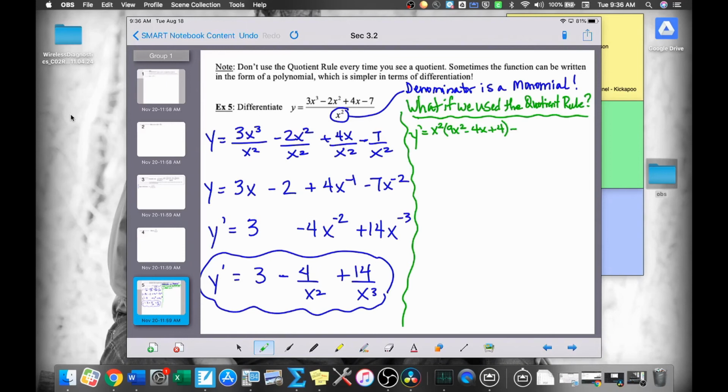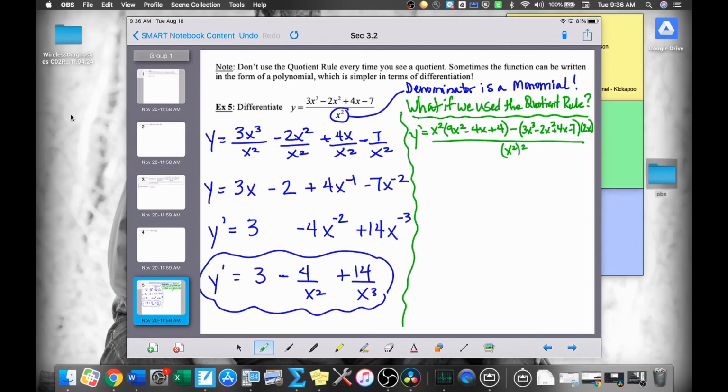Then minus high, so 3x cubed minus 2x squared plus 4x minus 7 times d low. The derivative of x squared is 2x. And this is all divided by low, which is x squared squared.